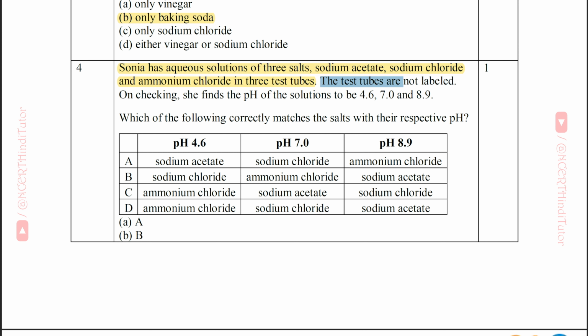The test tubes are not labeled. On checking, she finds the pH of the solutions to be 4.6, 7.0 and 8.9. Which of the following correctly matches the salts with their respective pH? D. pH 4.6 ammonium chloride, pH 7.0 sodium chloride, pH 8.9 sodium acetate.